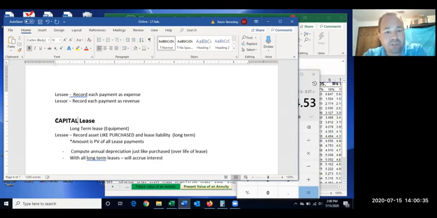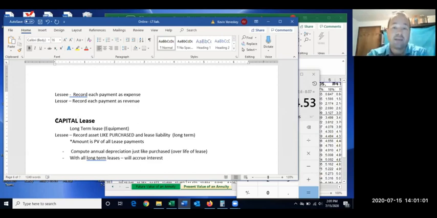For accounting purposes, you record capital leases like you've actually purchased the item. We don't cover it at this level, but when you get into intermediate accounting, should you keep going in accounting, you'll know it's a capital lease by how long you will have it versus the useful life.